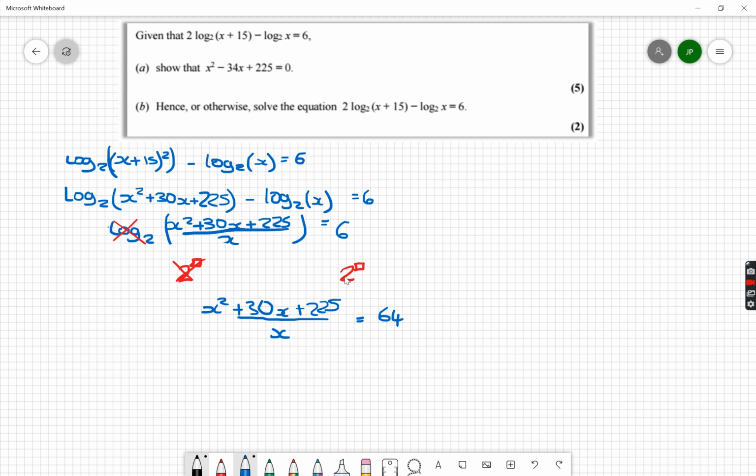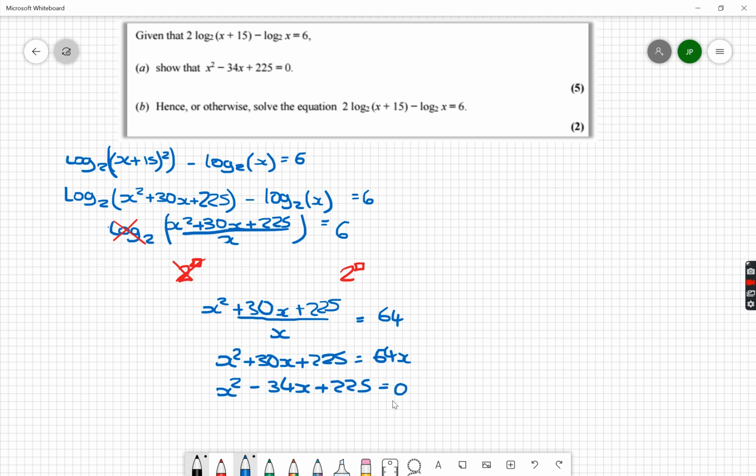Because remember, it's 2 to the power of whatever number it is. So I want to be left with x squared plus 30x plus 225 equals 64x. Manoeuvre that to the other side. x squared minus 34x plus 225 equals 0. Got there eventually.